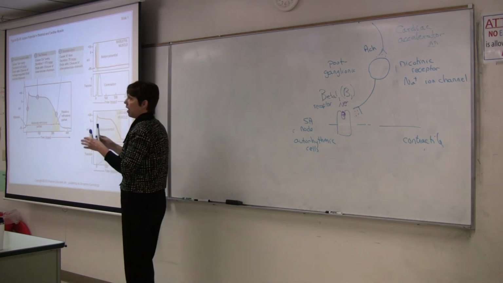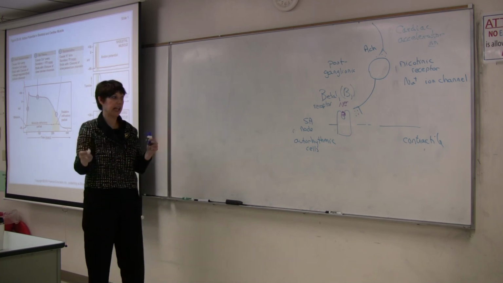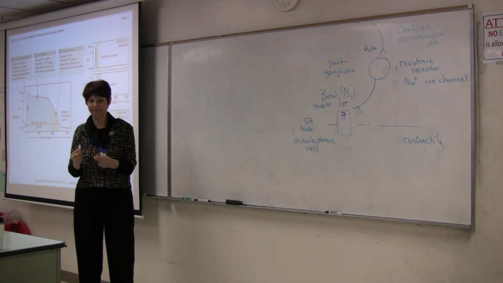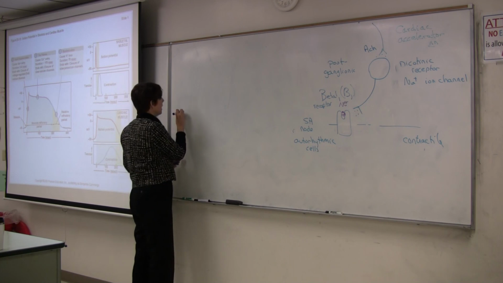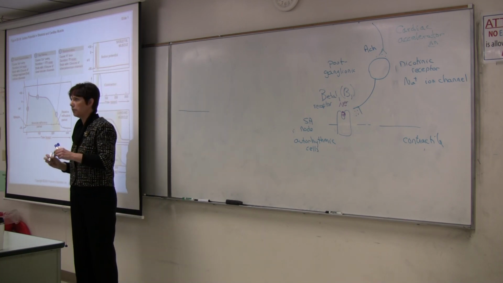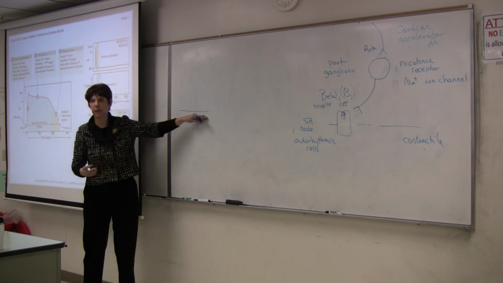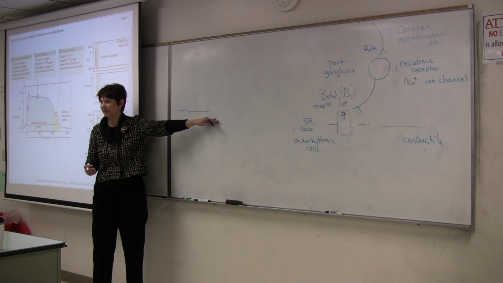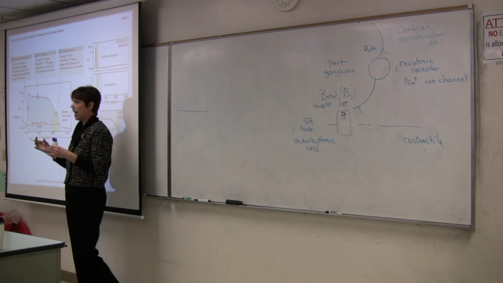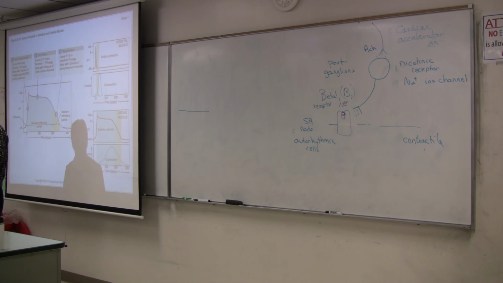So now we need our cardiac contractile cell to act like a skeletal muscle cell and shorten. So when the atrial muscle or the ventricular muscle is not contracting, it's relaxed. That's why we have a resting membrane potential. Autorhythmic cells never have a resting membrane potential because they're always in a state of depolarization or repolarization.